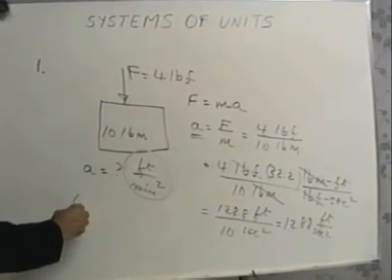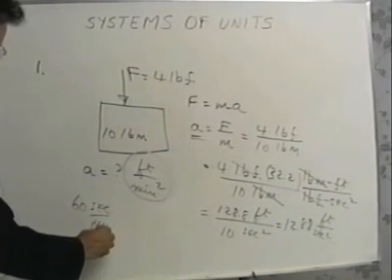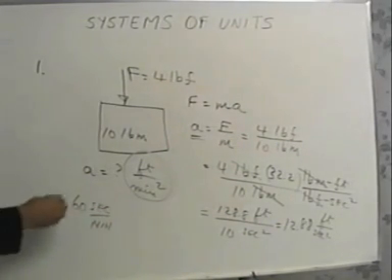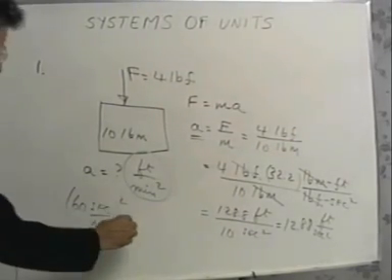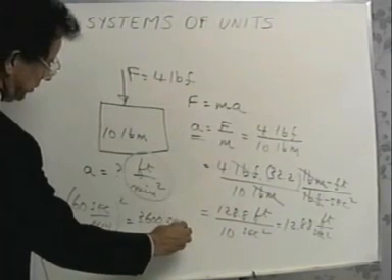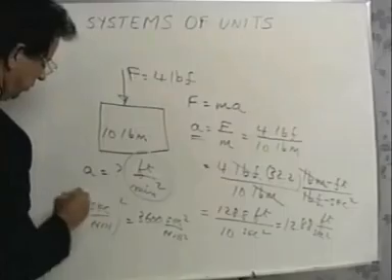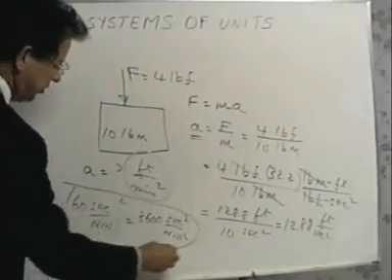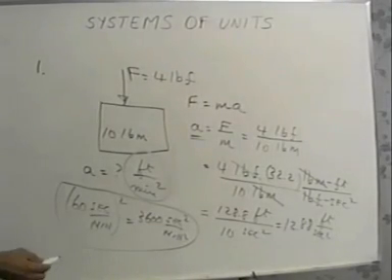We'll take the 60 seconds per minute, and when we square this, we end up with 3,600 seconds squared per minute squared. And now we plan to take this conversion factor and apply it to the answer of 12.88.